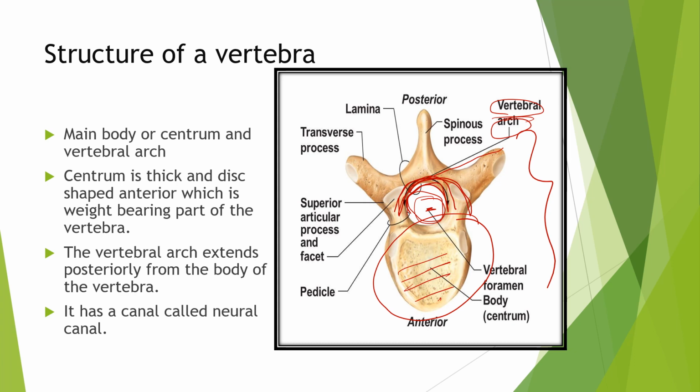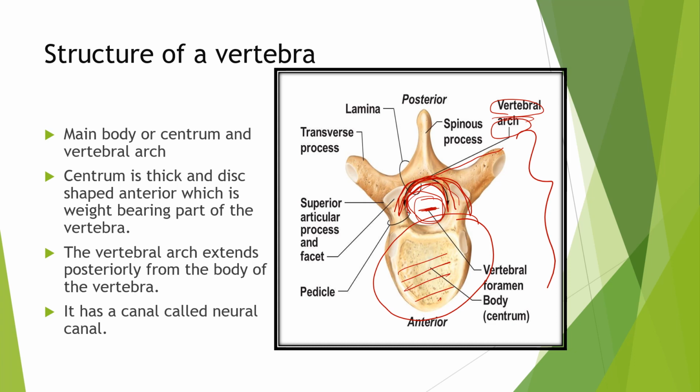Now 7 processes arise from the vertebral arch: a transverse process which extends laterally on each side, a spinous process which extends posteriorly, and the remaining 4 processes form the joints with the other vertebrae. Is it clear? Now the base is the centrum, this is the body. Here is the vertebral arch, through which the neural canal runs down and forms the neural spine.